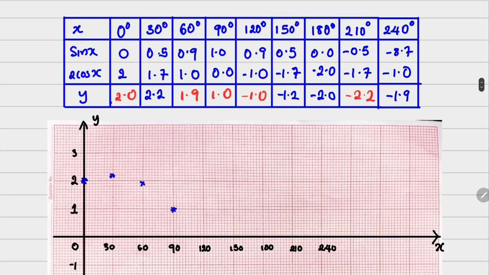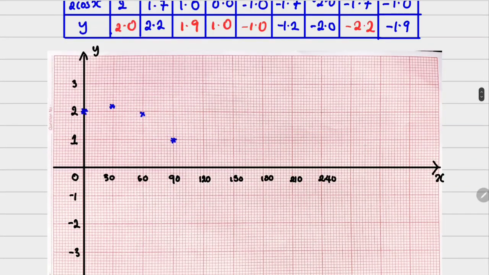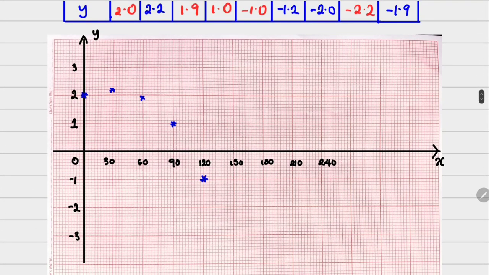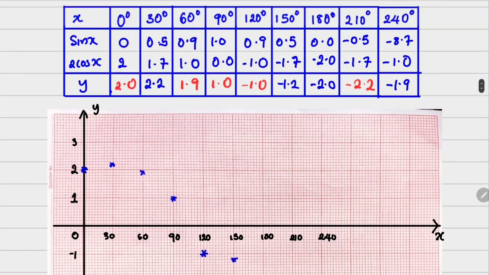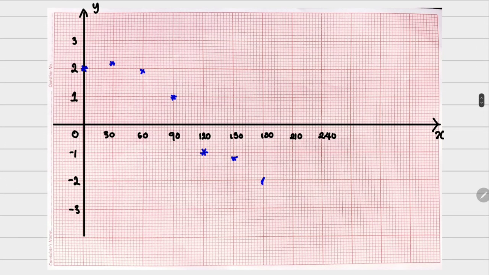Then we have when x is 120, y is minus 1, and when x is 150, we have minus 1.2. Then when x is 180, we have minus 2.